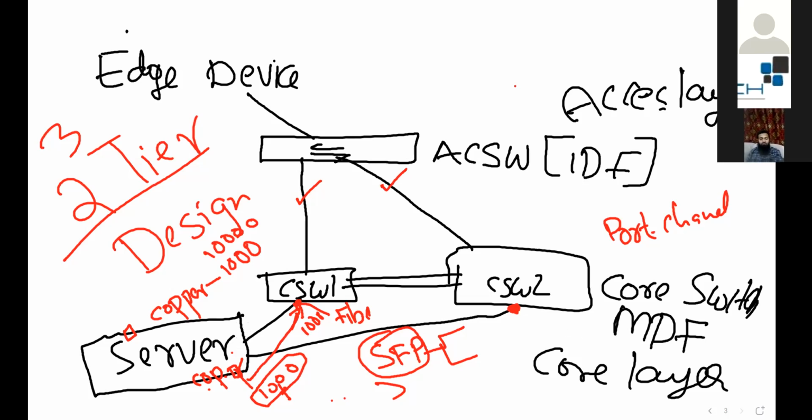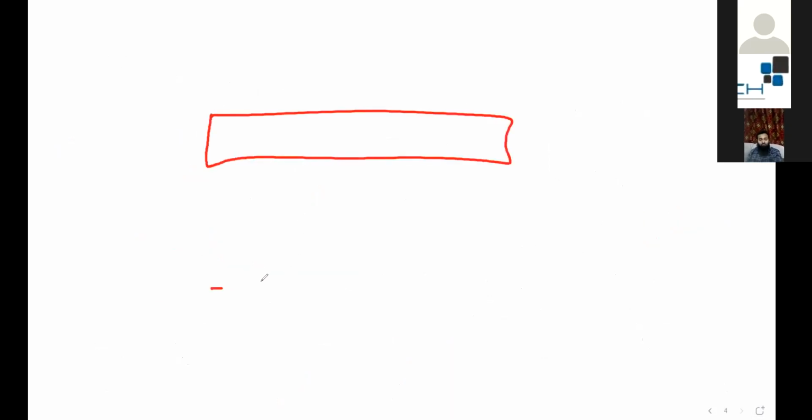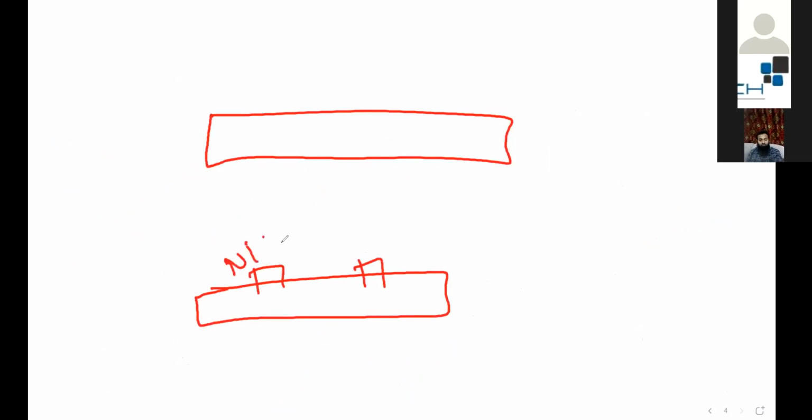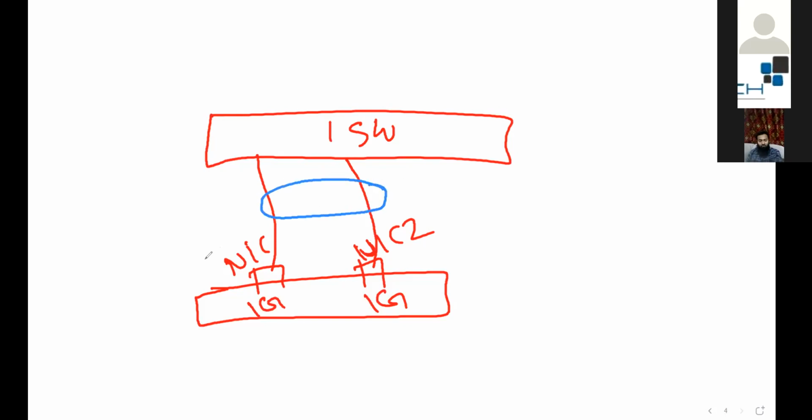Let's say you have one switch, and one server with two NICs, NIC1 and NIC2, 1 gig each. You can connect both links to the same switch. By doing this, you achieve 2 gig throughput instead of 1 gig.